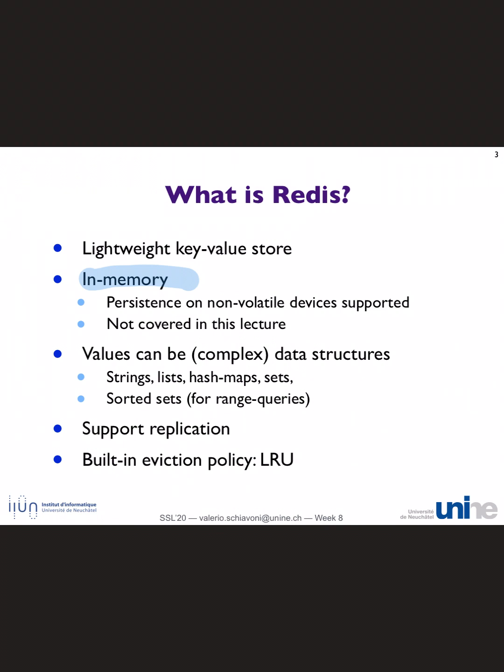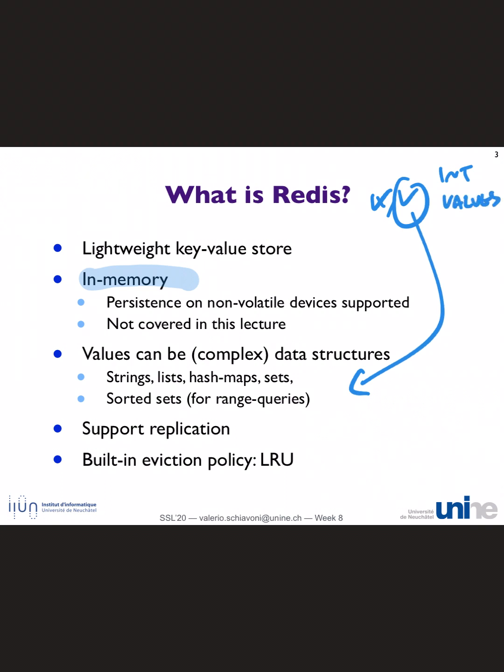The values that can be stored in the key value. So remember, we are dealing with the key value. These values can be complex data structures. So far, remember, we've been looking at integers or maybe simple values.